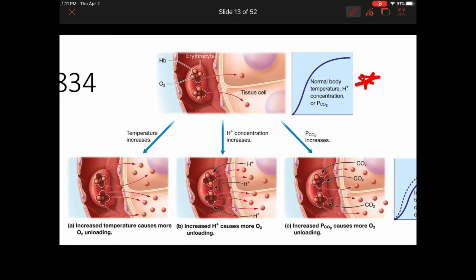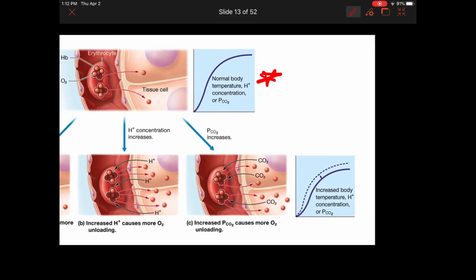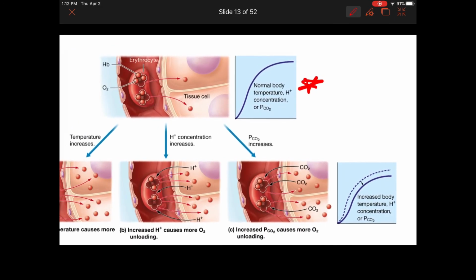However, when we have higher levels of carbon dioxide or higher levels of hydrogen or acids present, or if the body temperature increases, that causes a change in the relationship between the partial pressure of oxygen and hemoglobin saturation. So let's take a look at the change in that graph that occurs with these changing conditions.